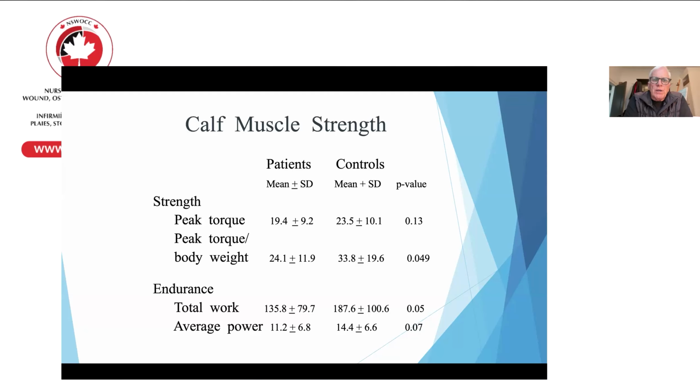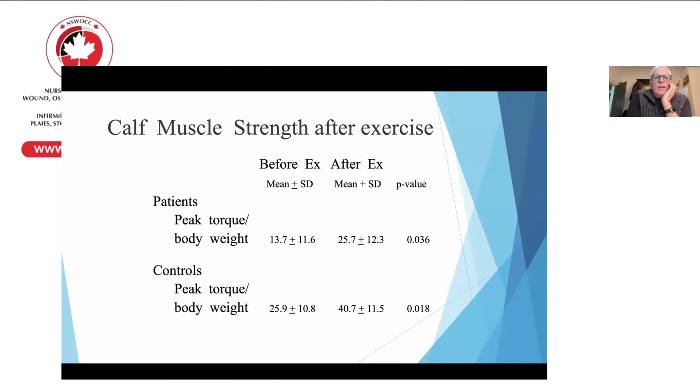You'll see that the patients who've had venous ulcers have a reduced strength, reduced endurance compared to those who have no evidence of venous disease and age-matched controls. And when you look at strength, it's mainly the peak torque compared to body weight, where there is a significant difference.